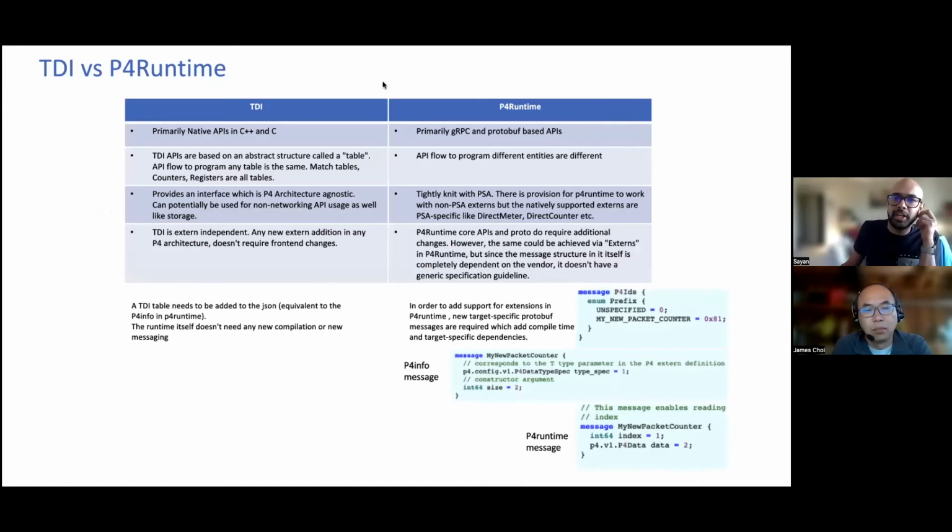TDI versus P4 runtime. TDI is primarily native APIs in C++ and C. P4 runtime is primarily gRPC and protobuf based. For TDI runtime, we are still under discussion whether we want to move towards TDI runtime, a new gRPC and protobuf based specification, or keep using P4 runtime, or even design P4 runtime version 2.0, which will probably be more friendly with TDI.